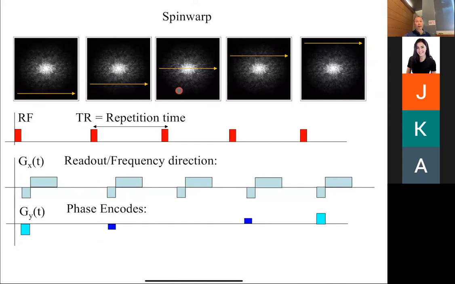Now we want to look at an idealized spin warp pulse sequence and figure out how to calculate how big these gradients should be, how long they should be played out for, and how I should change the size of the phase encode from step to step. That's the design we're going to go through now.